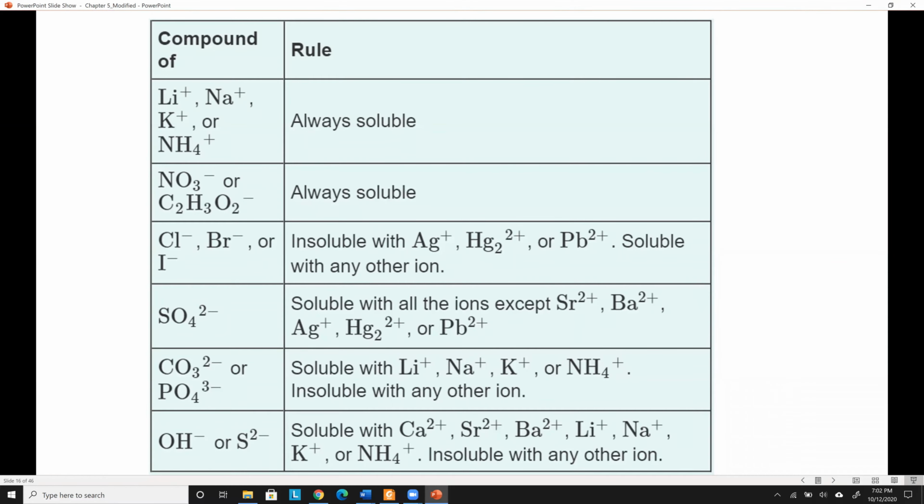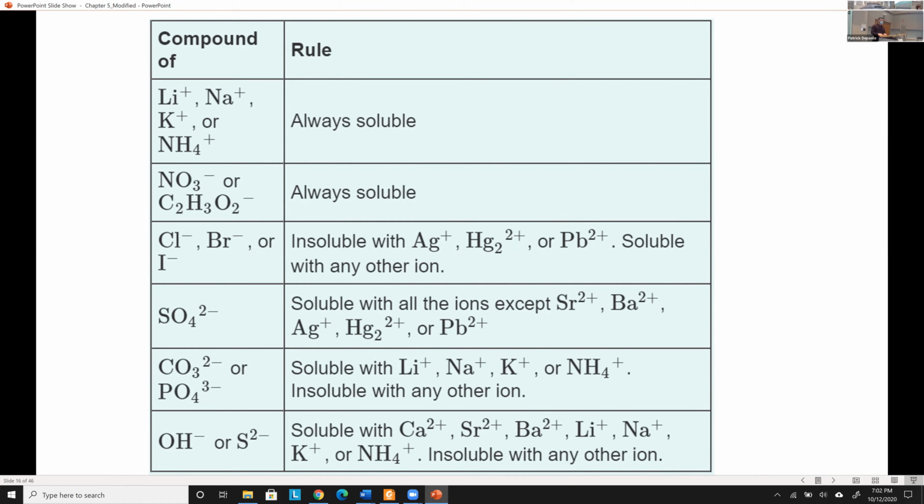This means that if you have any of those 3 ions in your equation, silver, mercury, or lead, that should raise a red flag. Whatever silver, mercury, and lead is with, that's probably going to be insoluble. So I better watch that because in a lot of different things, they're insoluble. So just keep that in mind.